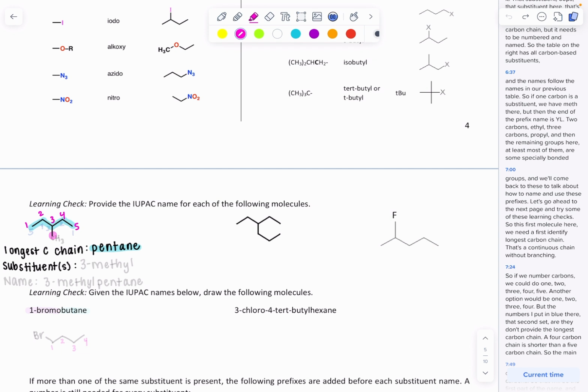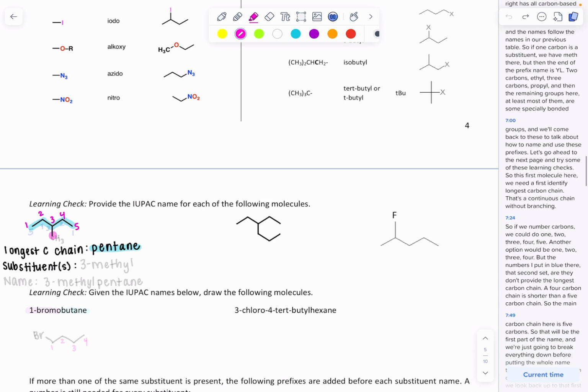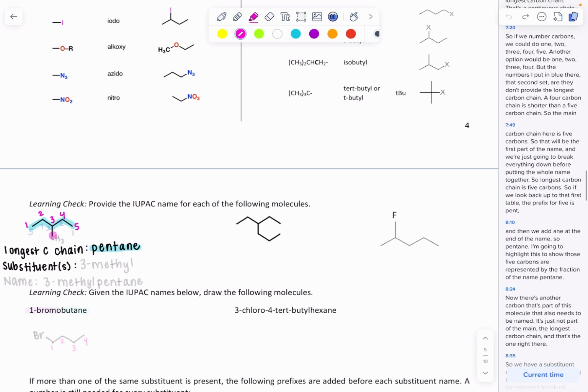While this molecule only has one substituent, other molecules may have more than one, and you'll want to find all of them before you put the name together. Okay, so there's one carbon that's part of the substituent. Remember, this is just a CH3 group at the end. That's what the skeletal structure represents.